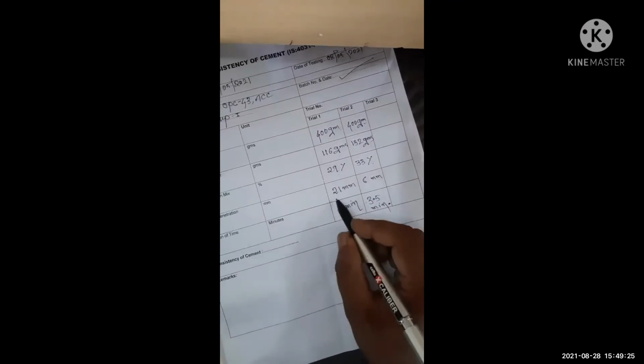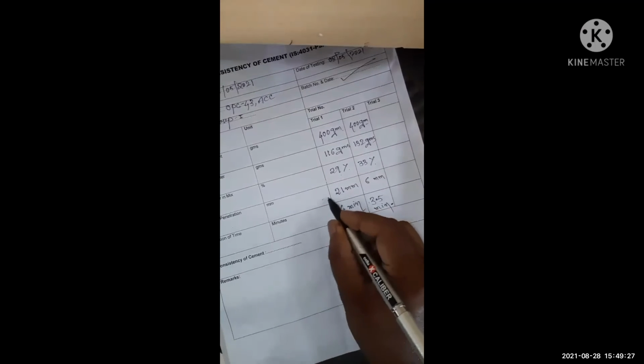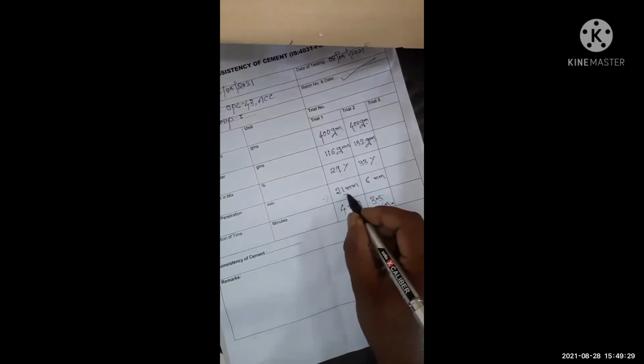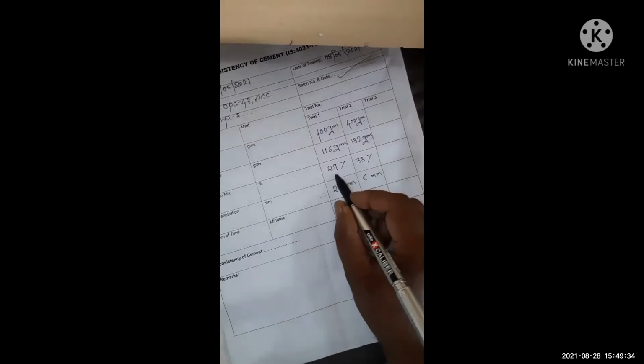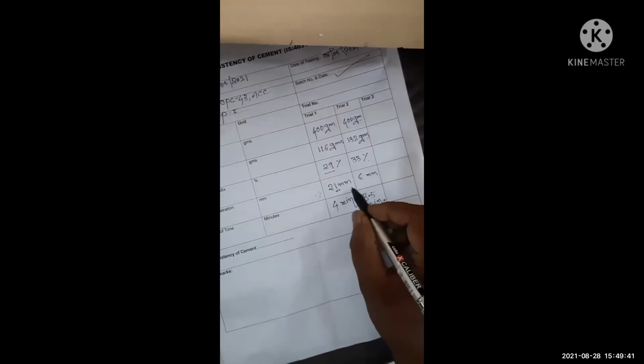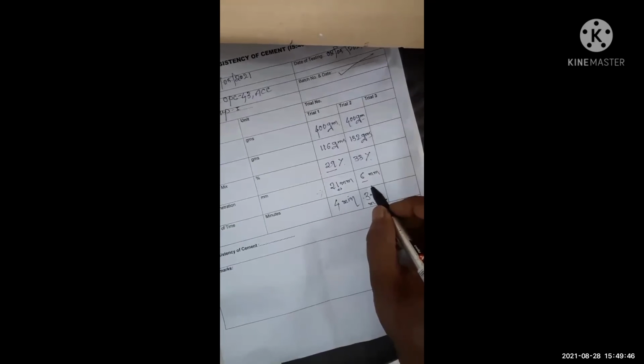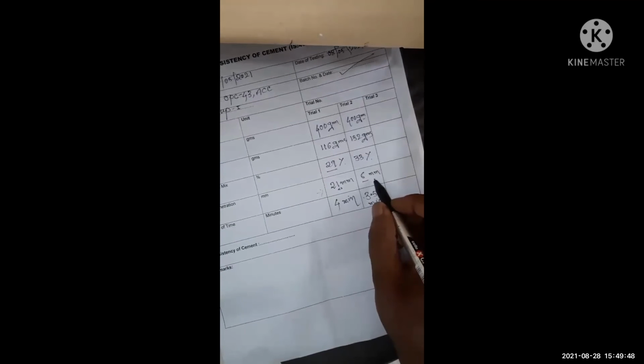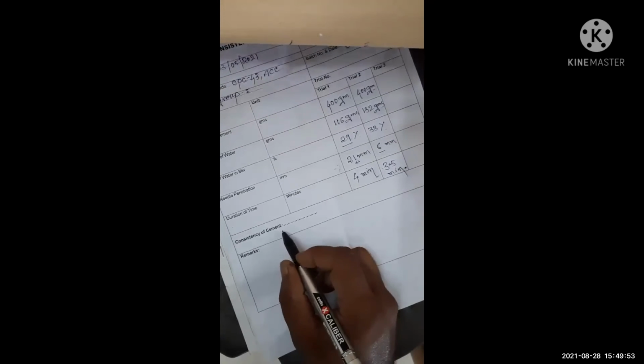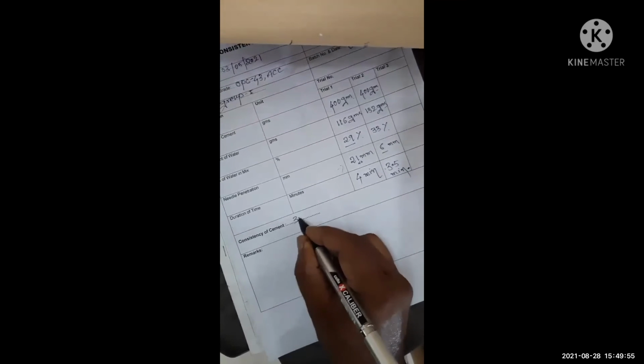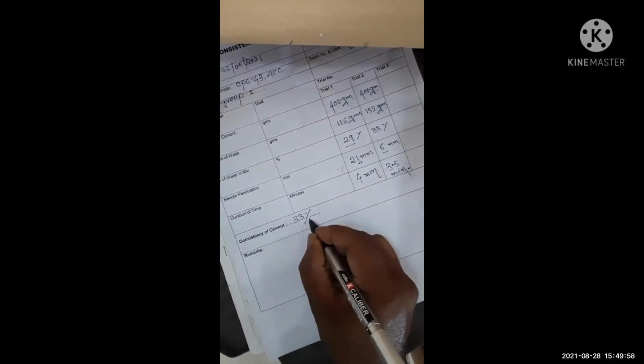In our first trial, we found 21 millimeter needle penetration and water percentage 29%. And in our second trial, needle penetration is now 6 millimeter, which lies in the range between 5 to 7 millimeter. So our consistency of cement will be 33%.